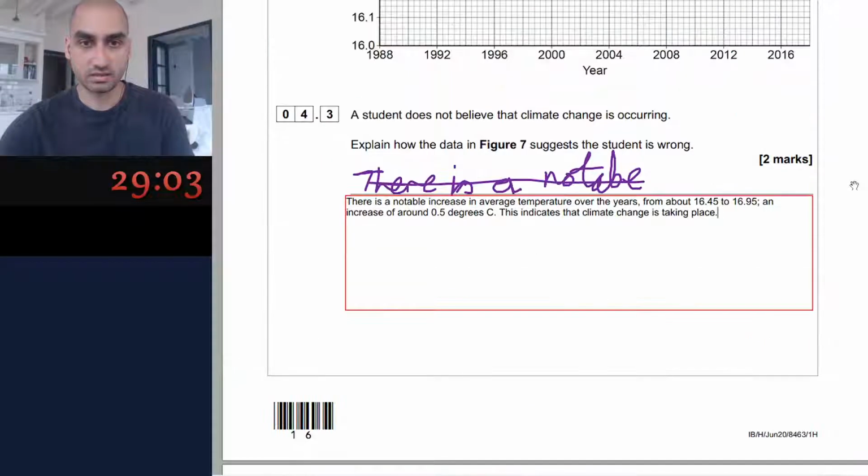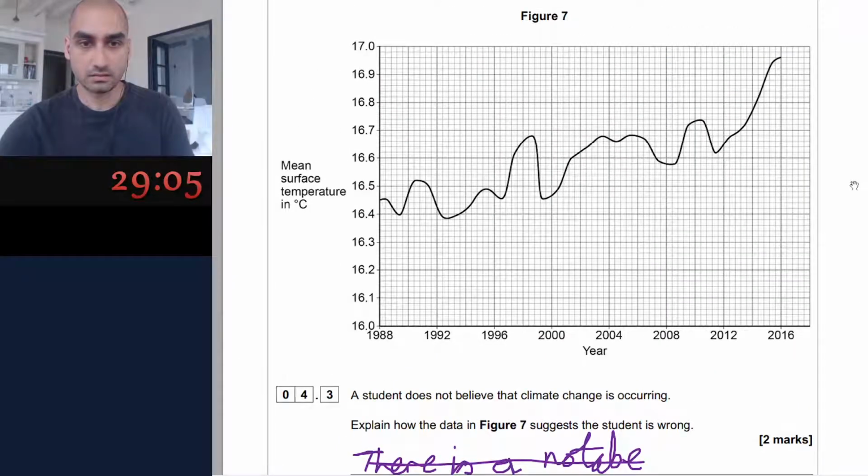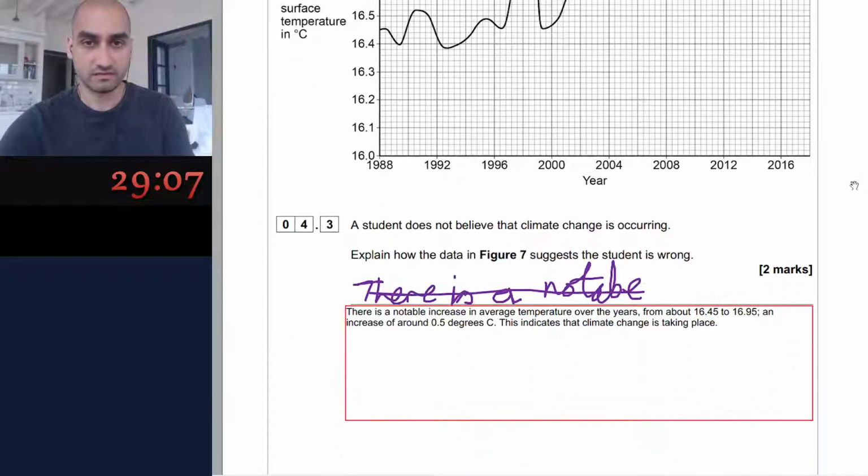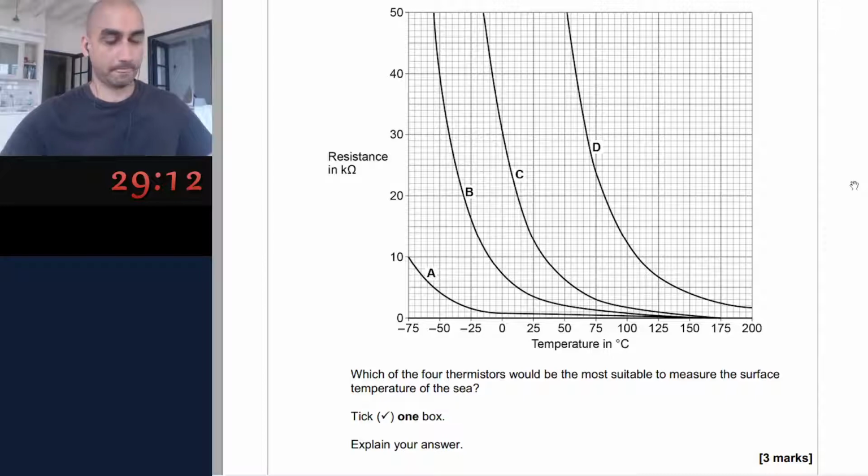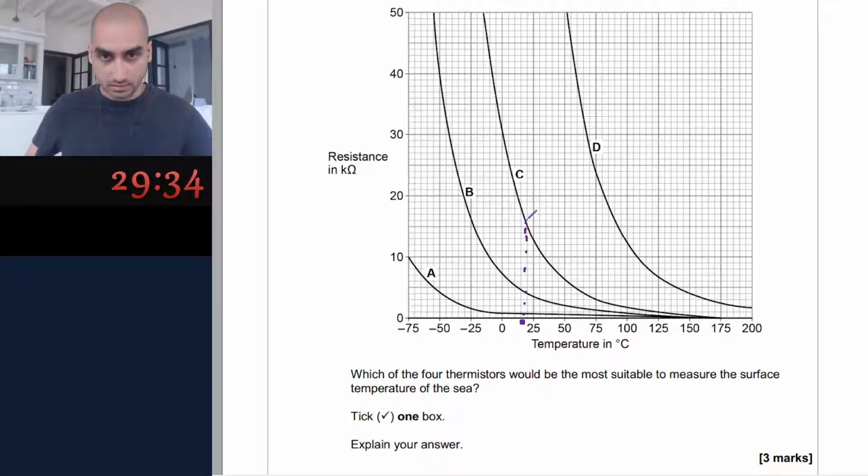So if we're measuring at 16.5, 16 to 17, so 16 to 17 is about here. I would say C.